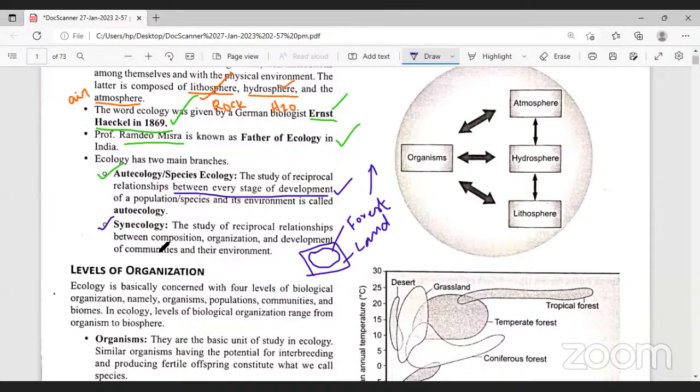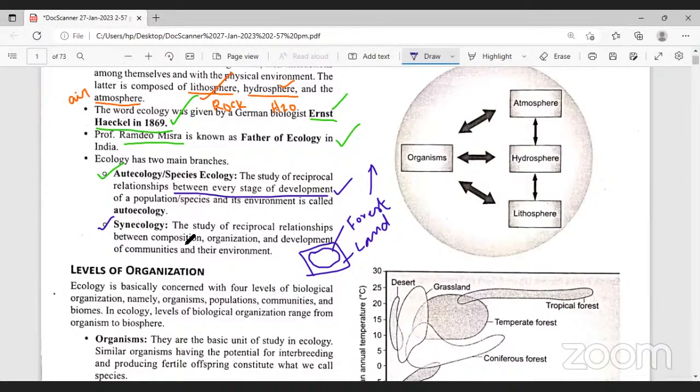The relationship between the composition, the organization, and the development of the communities and their environment. The community, I told you, includes trees, herbs, shrubs, and so on. Organization, trees, shrubs, fully organized. The composition will vary. Take the example of herbs and shrubs: they do not have a woody part, isn't it?